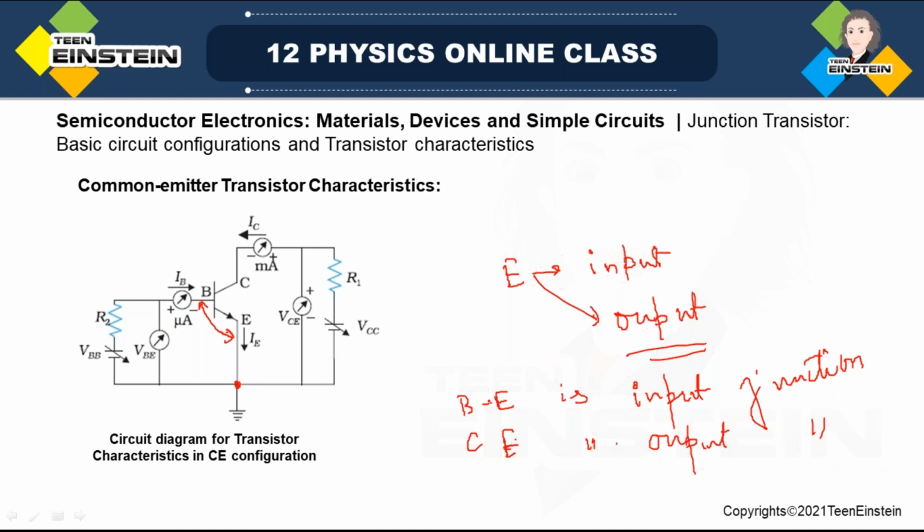There are two junctions here. BE is the input junction.